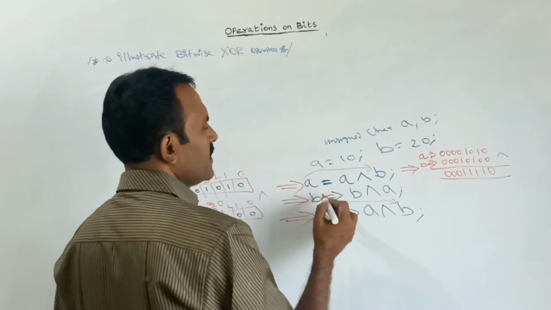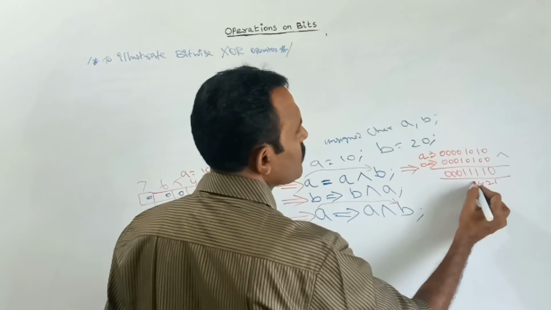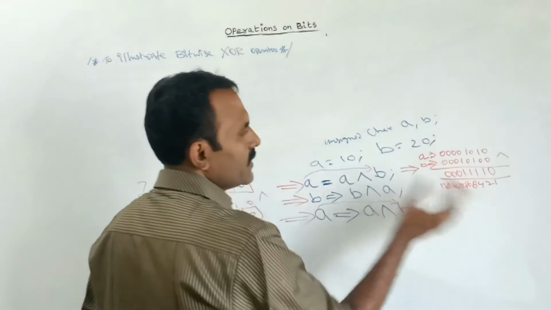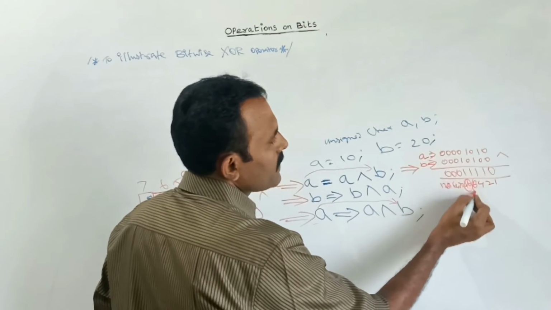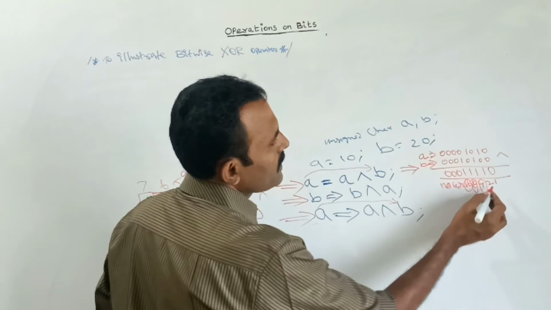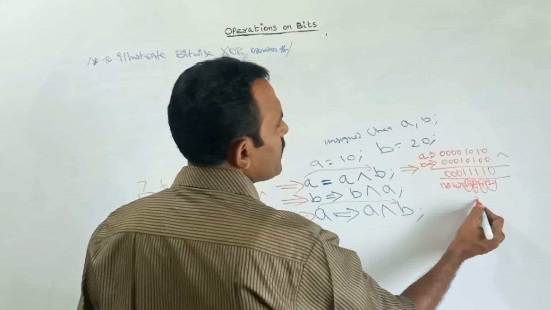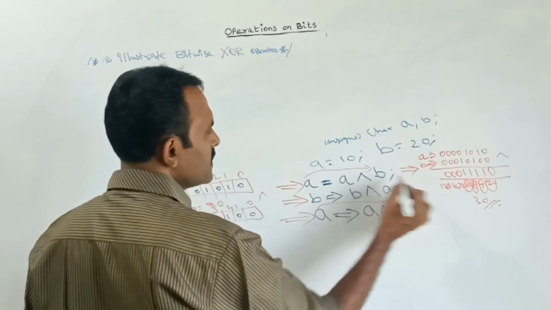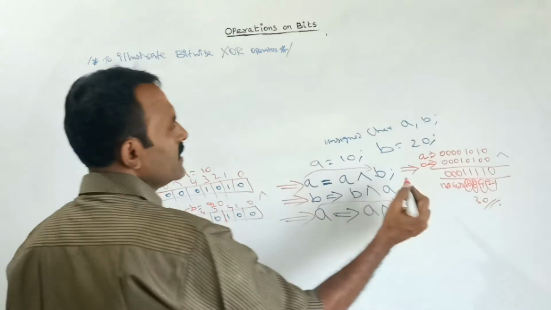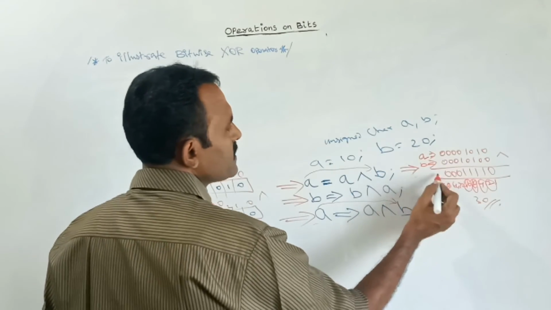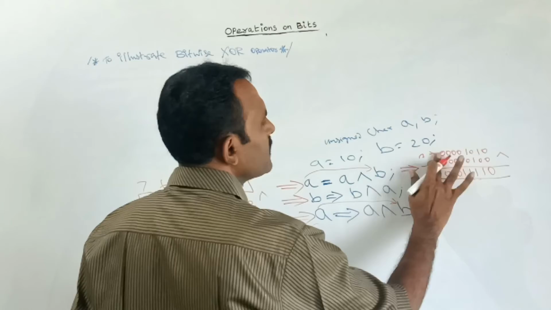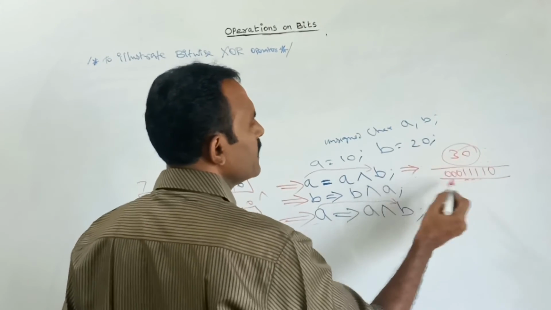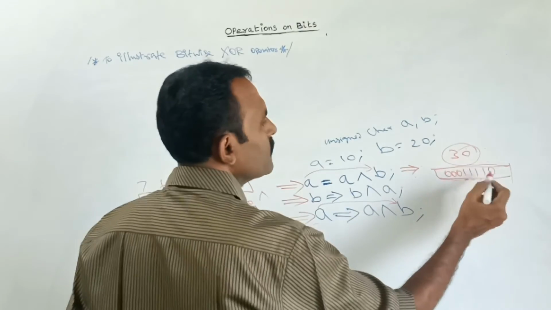Now what is the current value of A? If you convert this into decimal, 16 plus 8 plus 4 plus 2, so 30. This is the answer, 30. At the first time when we XOR with B, A holds this binary value. Next, the decimal value is 30, and otherwise in binary this is the binary value.